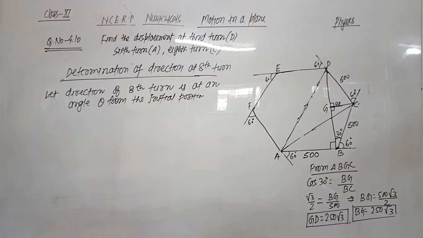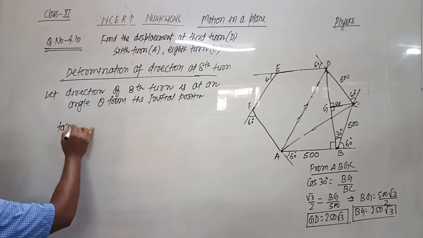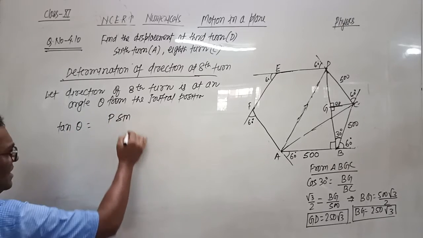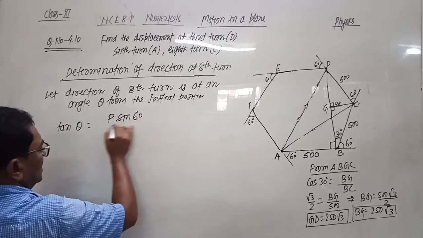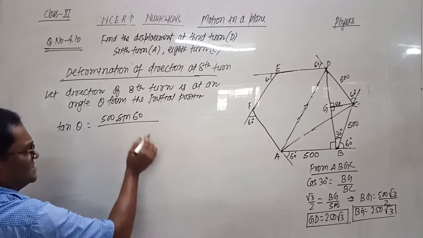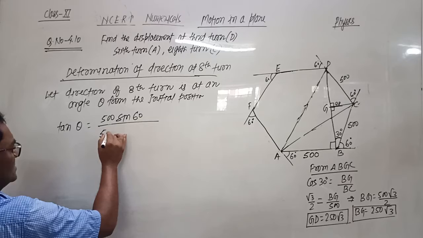Tan theta equals P sin alpha upon P plus Q cos alpha.